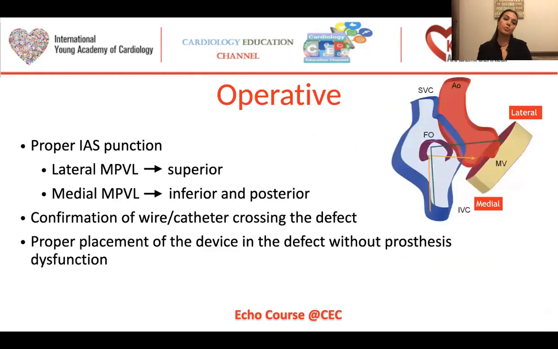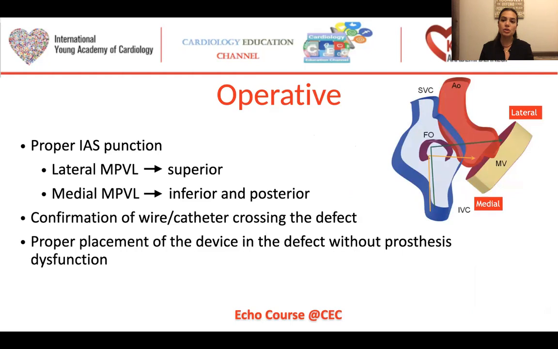As I said before, proper puncture is important, because for lateral PVLs we need to puncture a little bit superiorly, and for medial mitral PVLs we should go a little bit inferiorly and posteriorly to reach the defect easily.